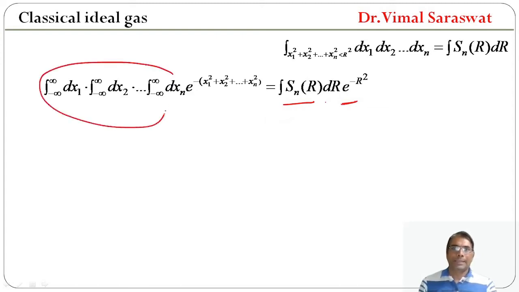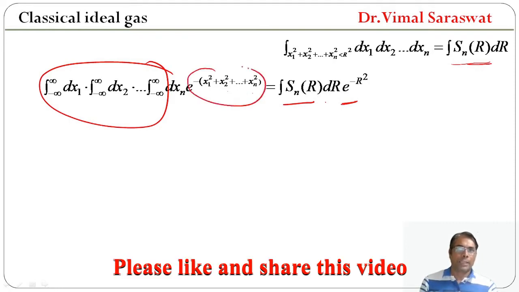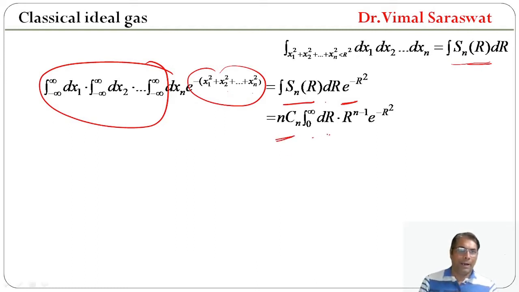Here x1 square plus x2 square plus xn square is r square, so this will be e raised to minus r square, and this will be equal to n Cn integration from 0 to infinity dr r raised to n minus 1 e raised to minus r square.